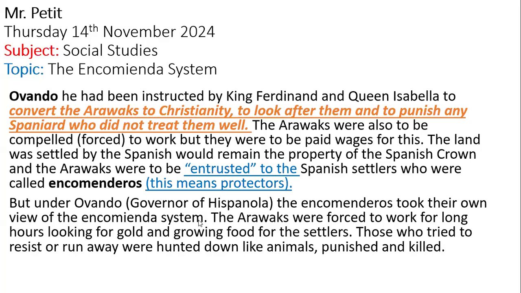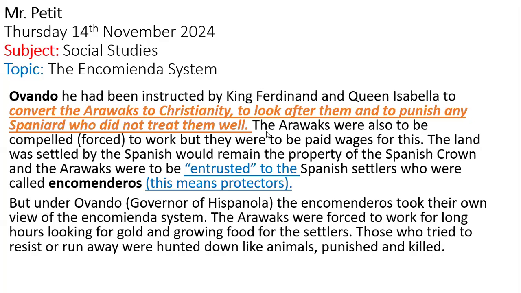But by the time these people come to Hispaniola and try to establish this system, the Spaniards who were supposed to be their protectors, who were supposed to settle there and yes, force them to work, but not mistreat them in any way, took the power that was given to them and used it very, very badly. The Arawaks basically were turned into slaves.